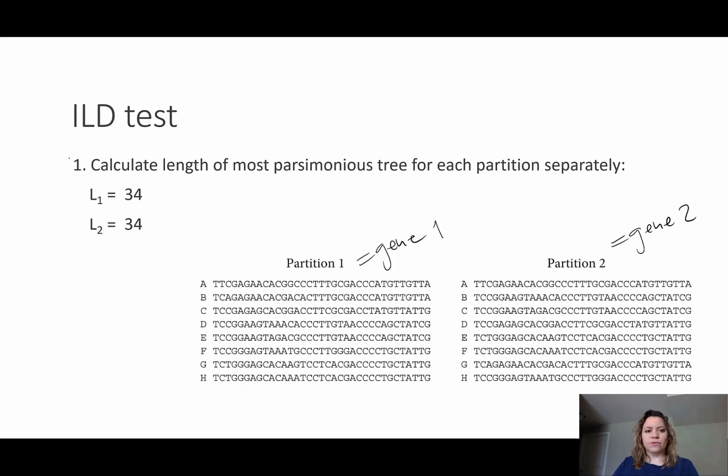So what you do first is you sum up the lengths of the two partitions when they were run separately. And what would that give us? That would give us a value of L1 plus L2 equals 68. So you sum up your lengths of the two partitions that were examined separately, and that gives you your L1 plus your L2. All right, so 34 plus 34 gives us 68.